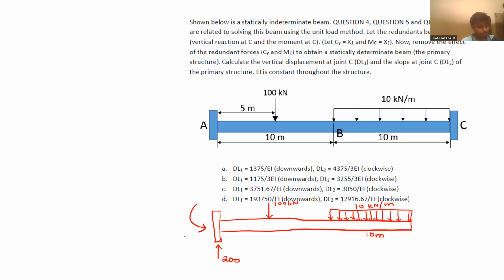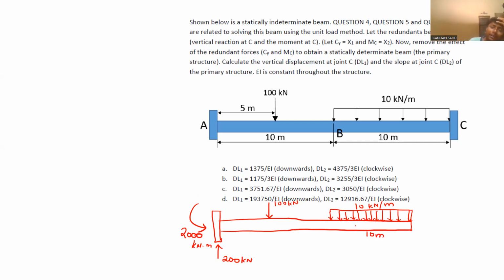How much is it coming? 500 plus 1500, 2000. Now all those reactions you found.